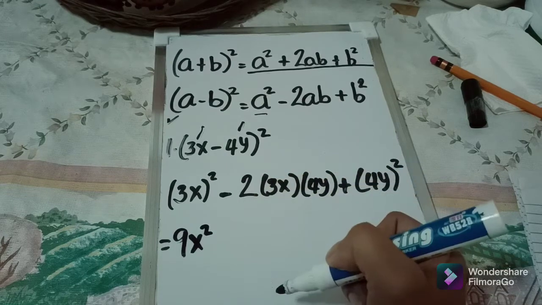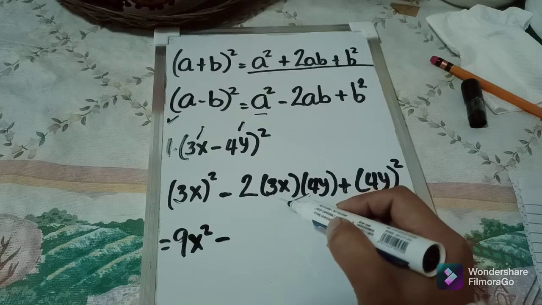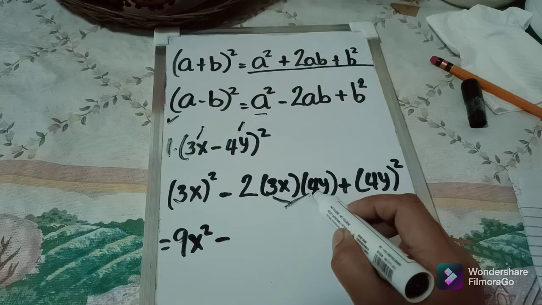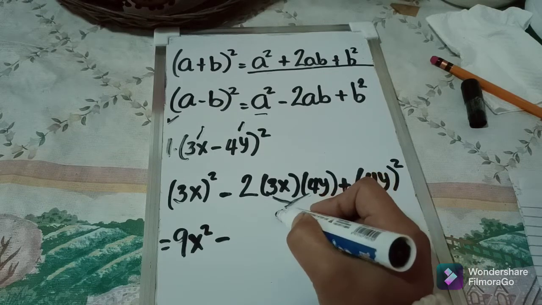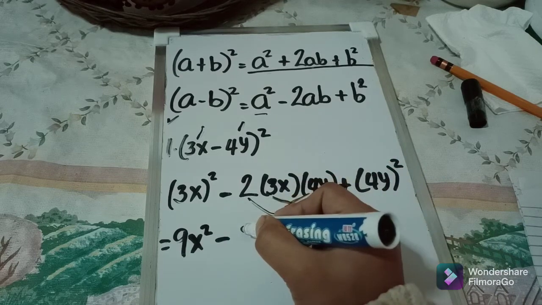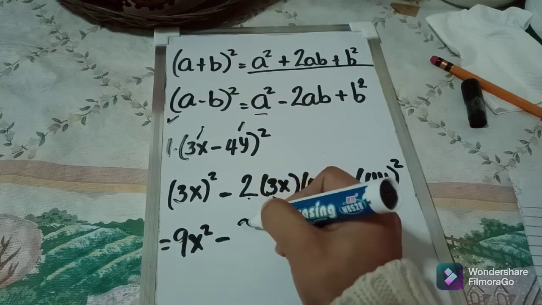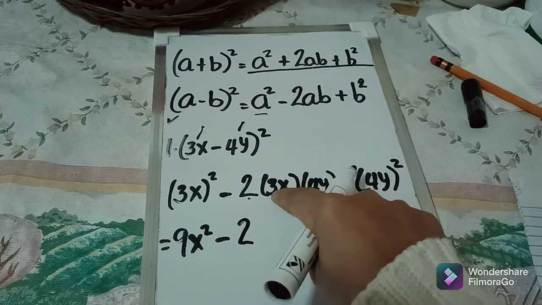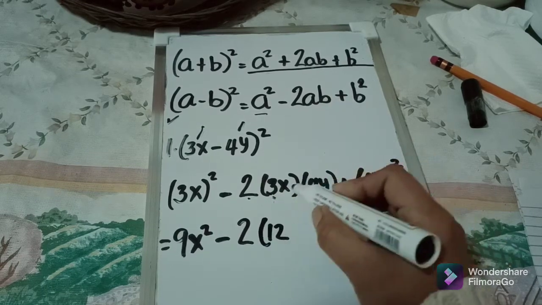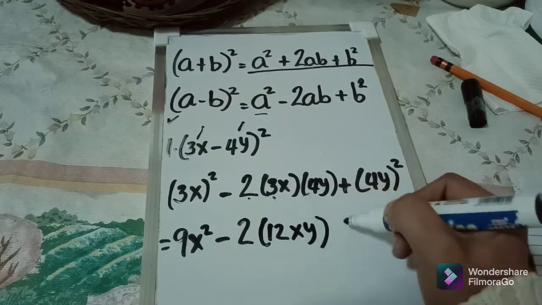Then here we multiply: 3 times 4 is 12, and x times y is xy.